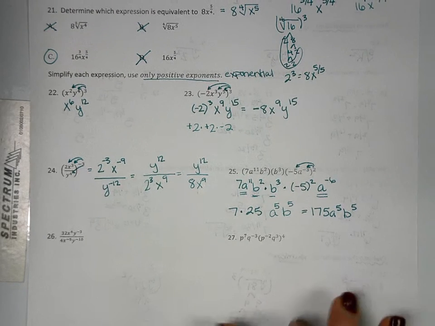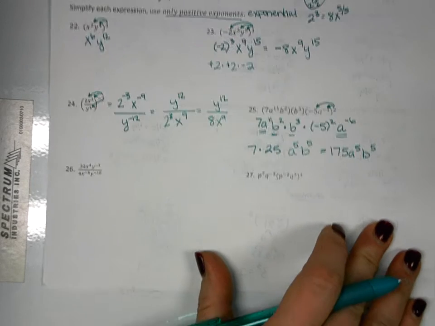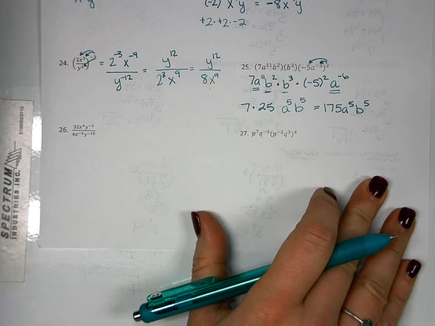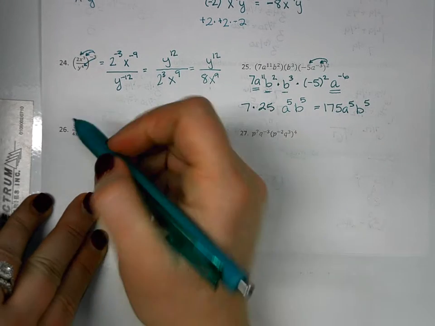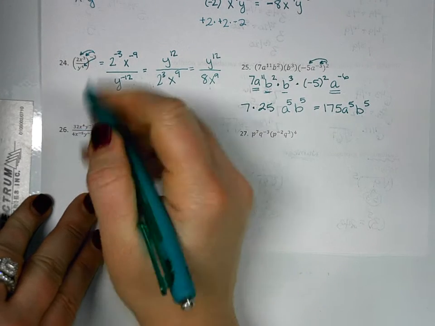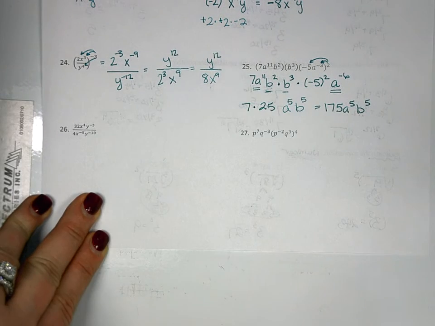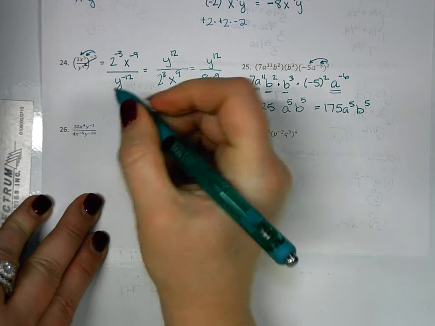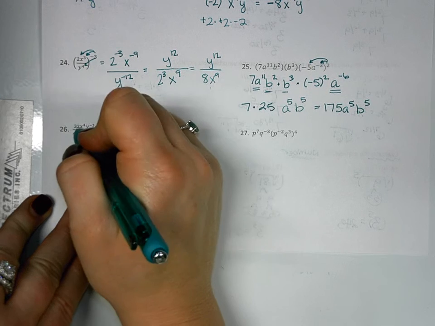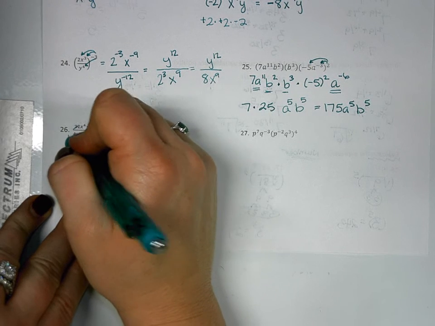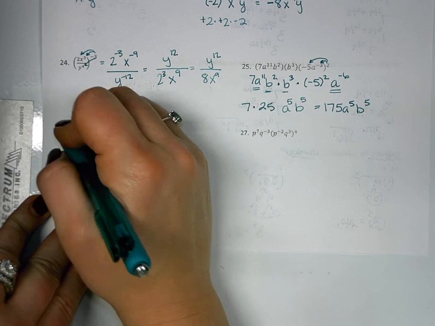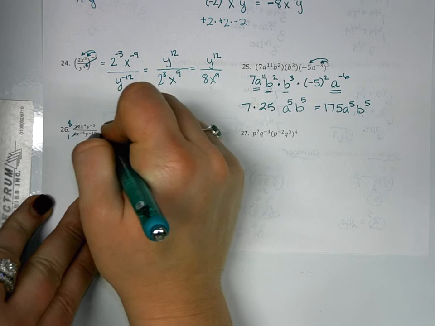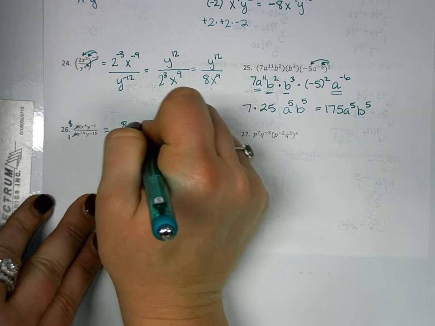All right, 26. So the numbers, remember, we can reduce those just like any other numbers when we divide. So is there a number that goes into both 32 and 4? Yeah, 4. So 4 goes into 4 once, it goes into 32 8 times. So I'm going to have an 8 on top and a 1 on the bottom for numbers.